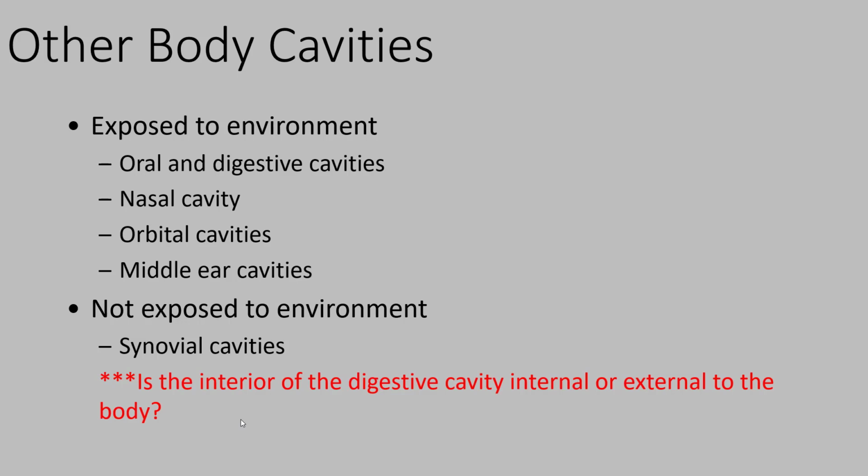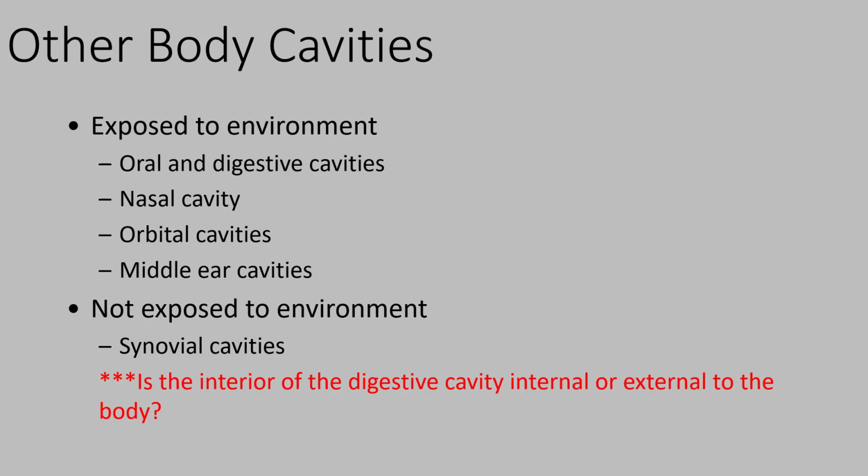Or do you? What did I just say a moment ago about the digestive cavity? If you lean back and open your head or open your mouth wide enough, you could go down with a tube to get to the inside of your stomach, the inside of your esophagus, the inside of your intestines. All of that is exposed to the environment.